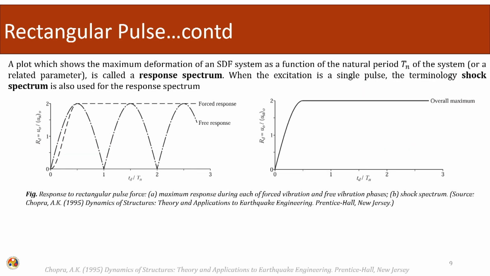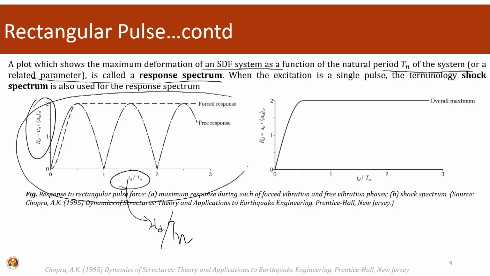Here we can see a plot of the response factor with respect to the change in time period of the loading, relative to the time period of the structure. A plot which shows the maximum deformation of a single degree of freedom system as a function of the natural period Tn of the system or a related parameter is called the response spectrum.